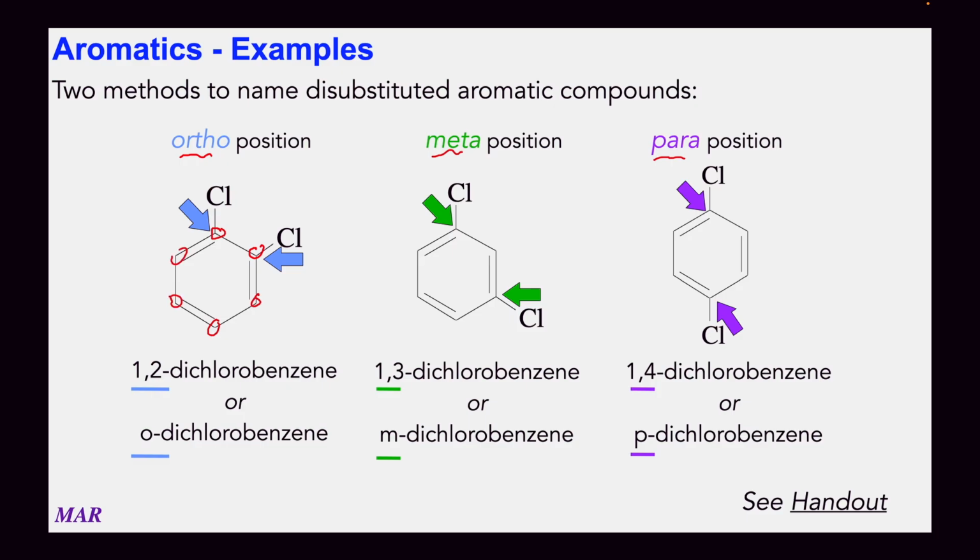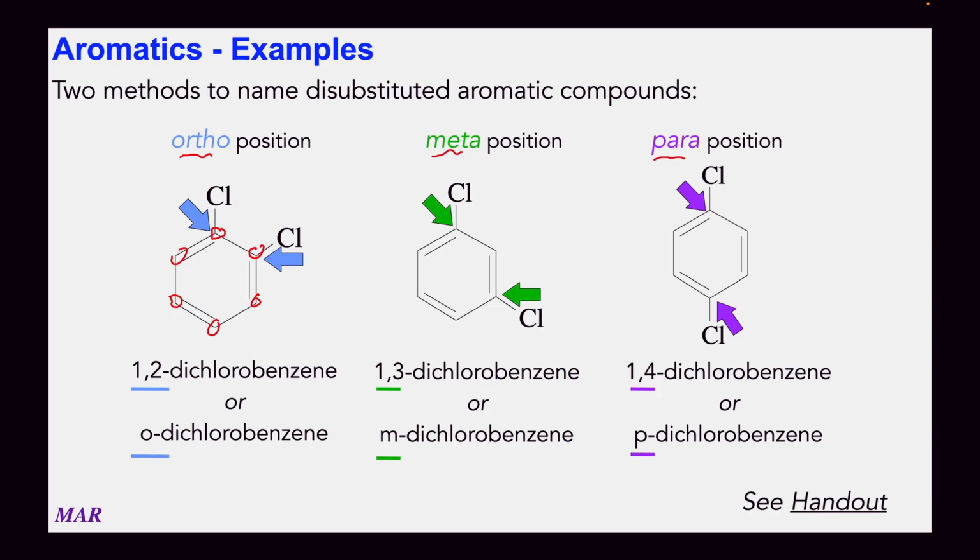So if the two similar pieces are next to each other, like 2 chlorines or 2 bromines or 2 methyl groups, whatever, then that's called ortho, or just o-dichlorobenzene. But I would prefer that you use numbers so no one's confused. 1,2-dichlorobenzene would be an alternate way, but you will see ortho used a lot.